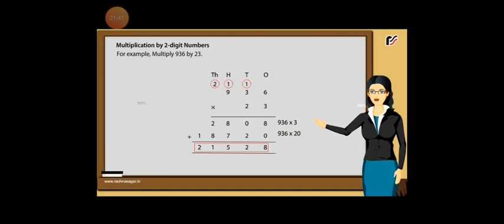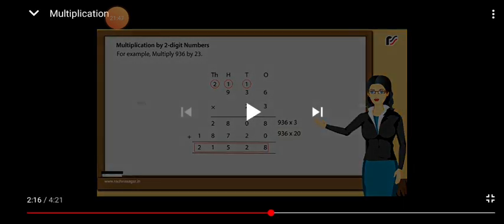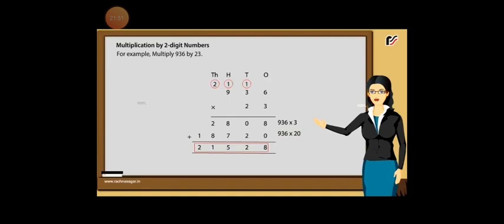If we break 23, or write it in expanded form, 23 will become 20 plus 3. Like this, first of all, the 3 is at ones place, so we will simply multiply 936 with 3.